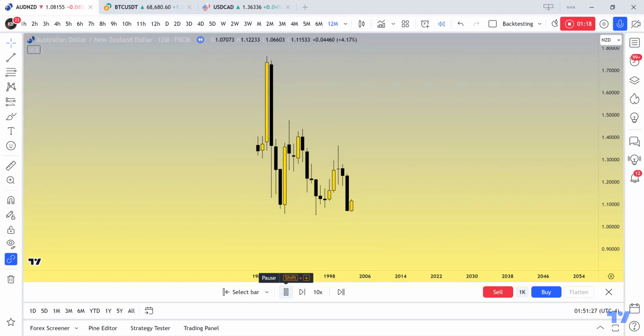Okay, we can make a gap here, that'll be great. The 12-month candle takes a while to form. Give me a second while this happens.